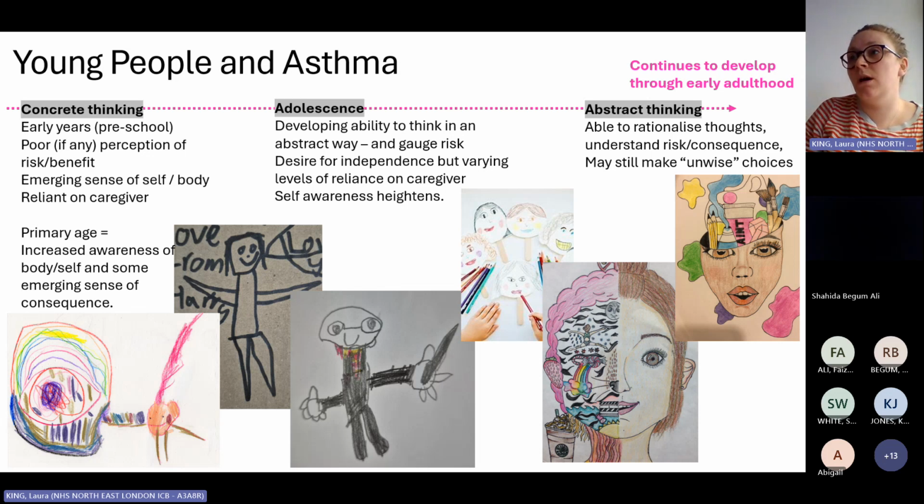For example, a neurotypical young person who is on the right hand side of this page, and actually you don't really develop this completely until early adulthood. I think some of the evidence says even 25 years old. So it does straddle the age groups really.